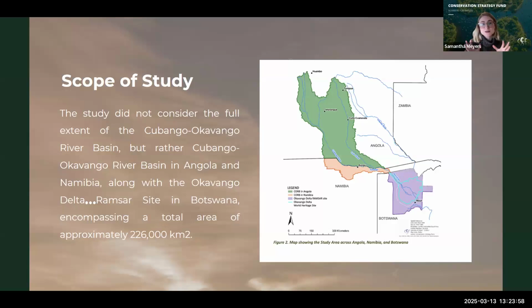So it's a very important transboundary ecosystem. And the total area of this study that we conducted was 226,000 kilometers squared. So we studied a huge portion of this ecosystem, but we couldn't possibly study the whole ecosystem. Next slide, please.